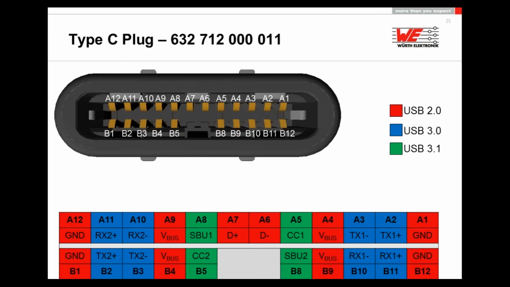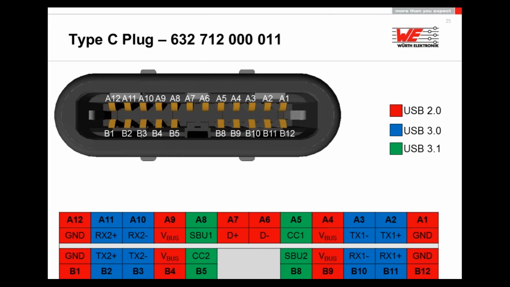And that means we have to respect that in our routing, so that the running time of the different signals will be nearly the same, because we don't know in what position the end user will move in the plug. How we can measure that, we will see later in one slide.